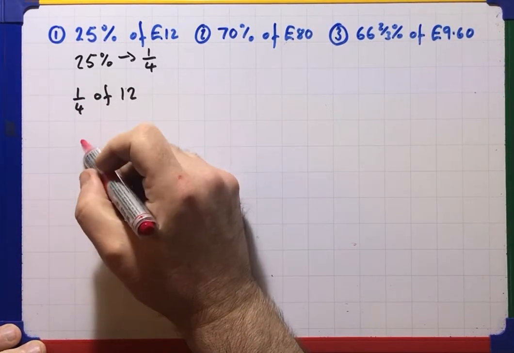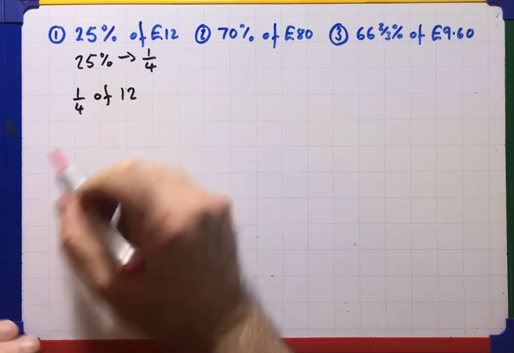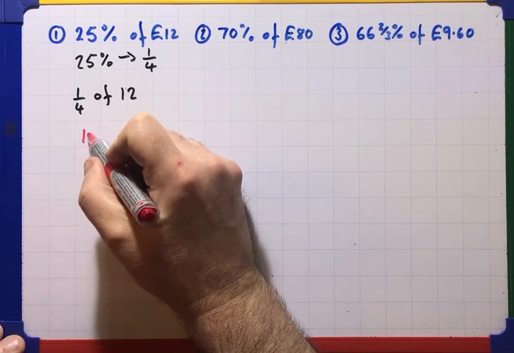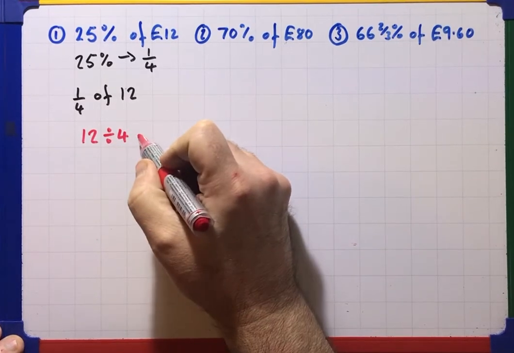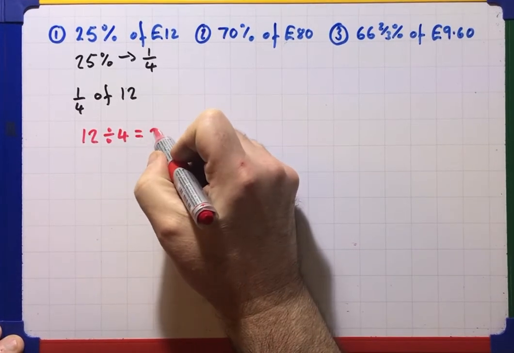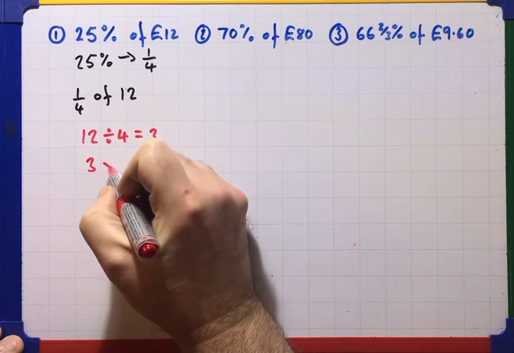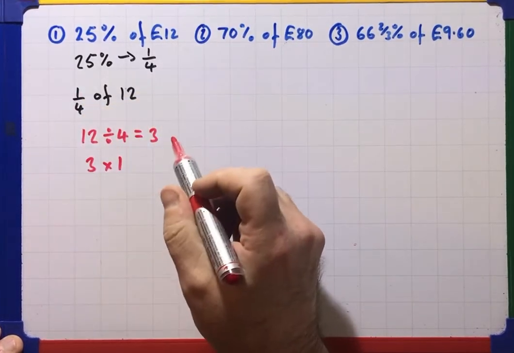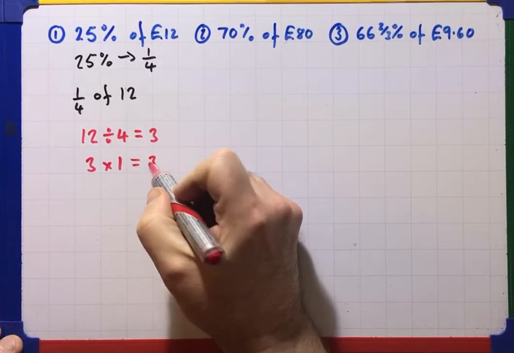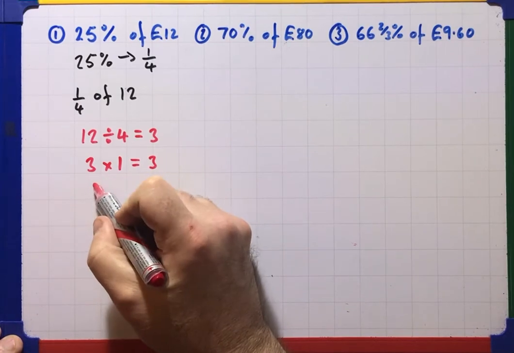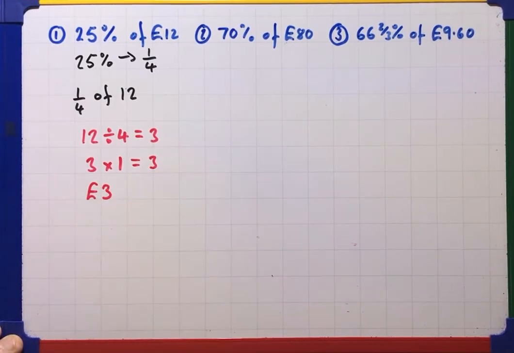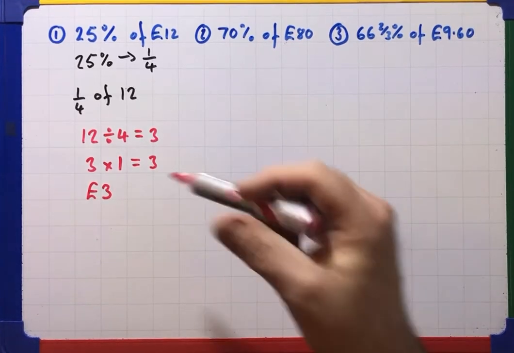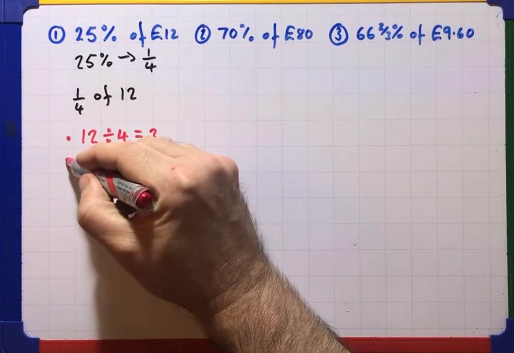So here, 12 divided by 4 gives me 3. 3 times 1, because that's the top of the fraction, is still 3. So my answer is £3. I should put in these steps, okay?